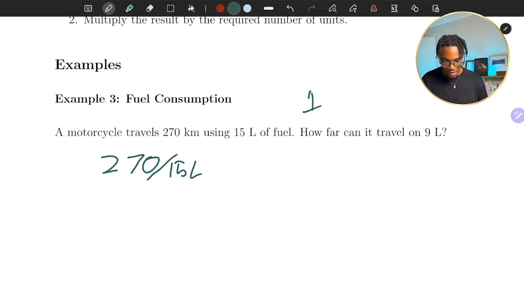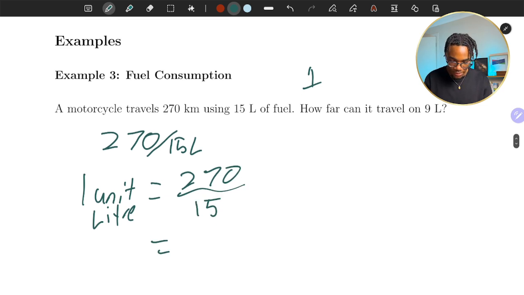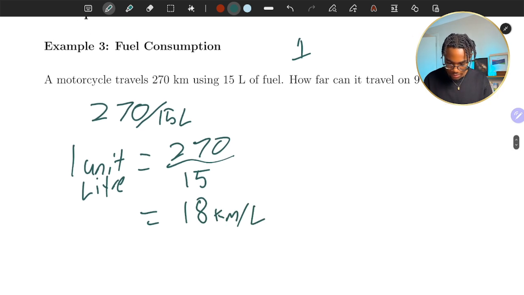So 1 liter equals 270 divided by 15 to get the amount for 1, and that equals 18 kilometers per liter.